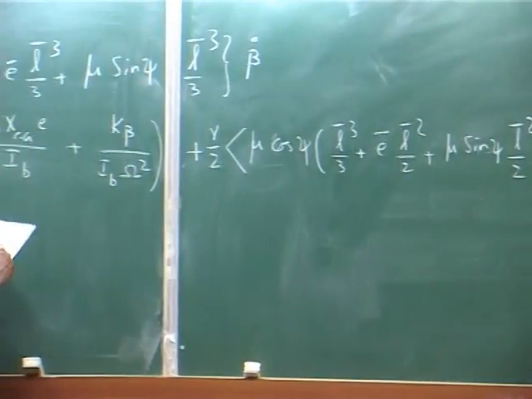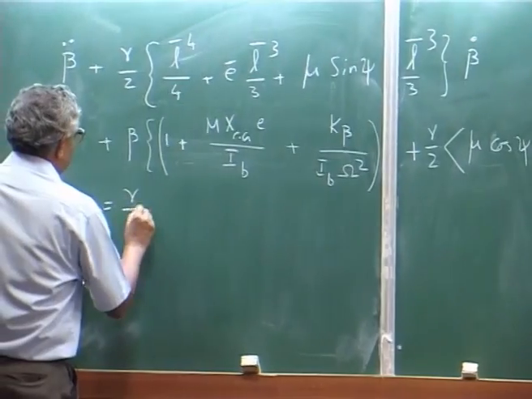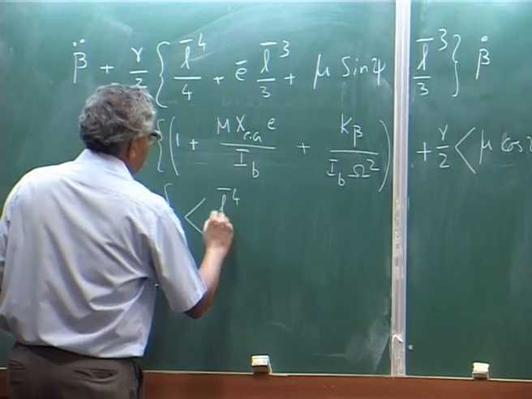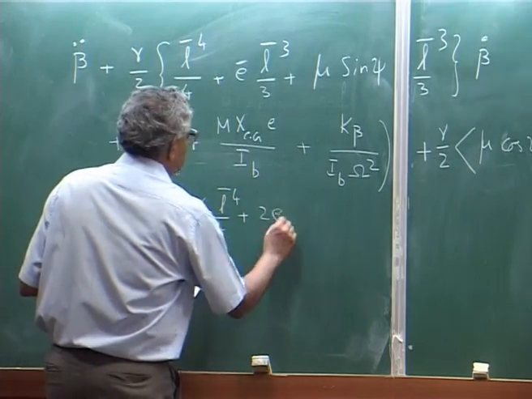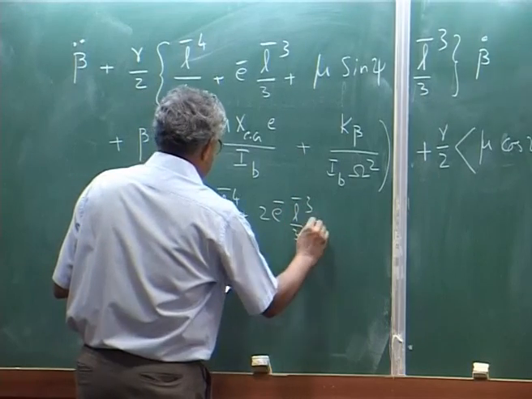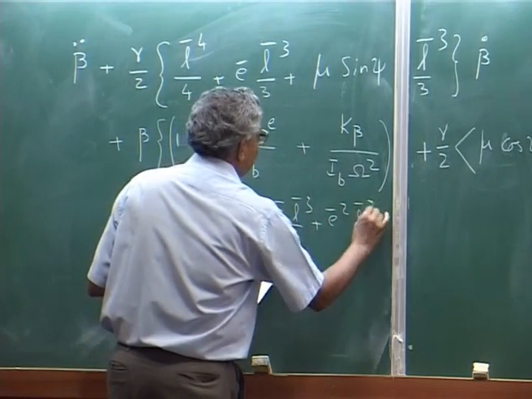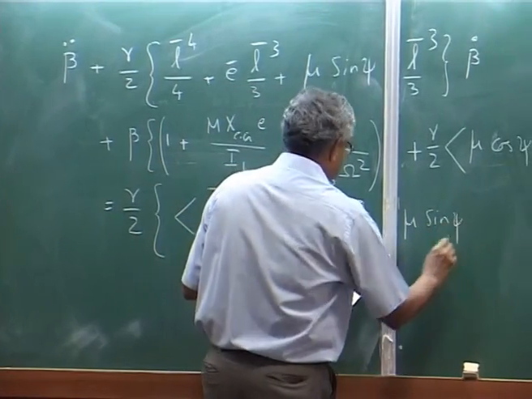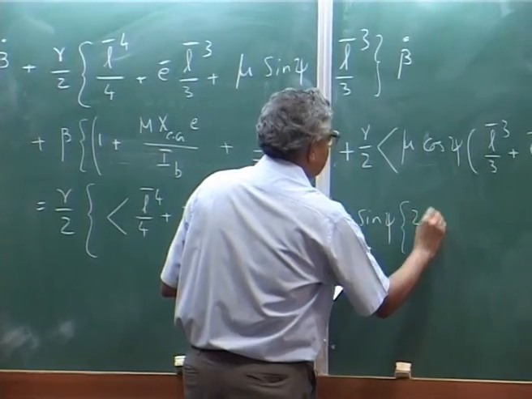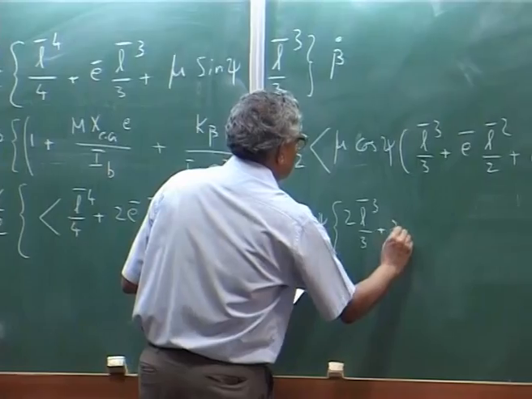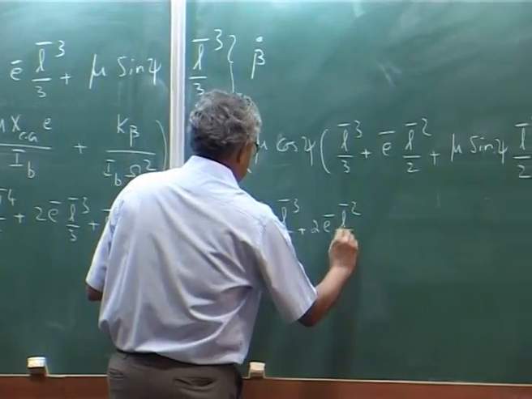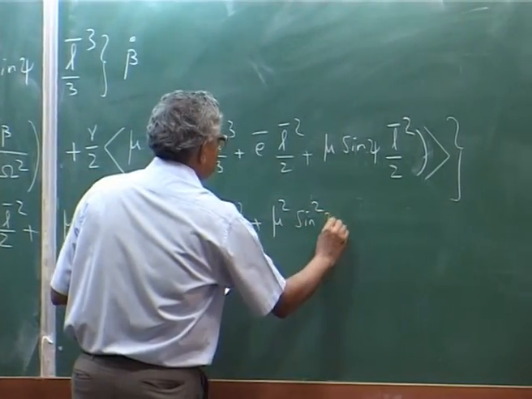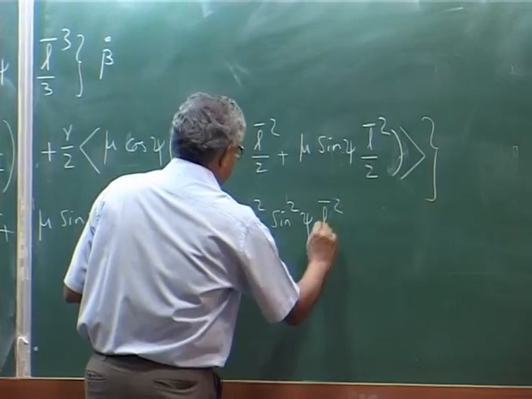And then the right hand side, you will have equals gamma over 2, you will have the control input, 2 E bar L bar cube over 3 E bar square, anyway this mu sin psi 2 E bar, plus mu square sin square psi L bar square over 2.